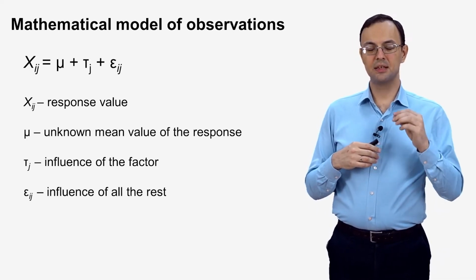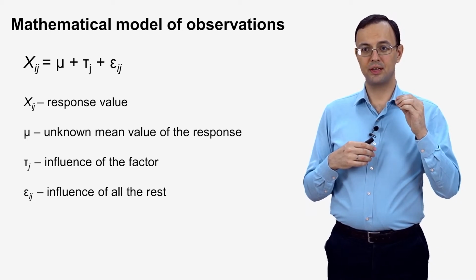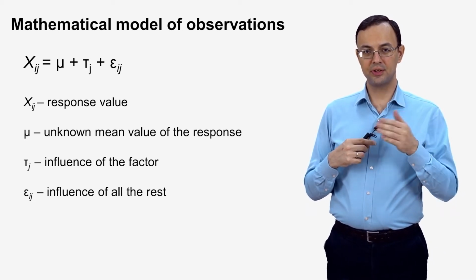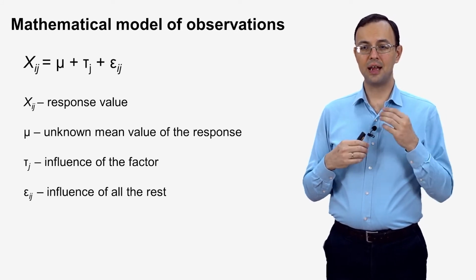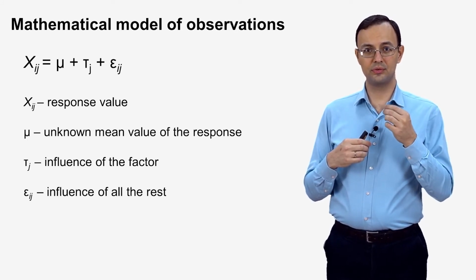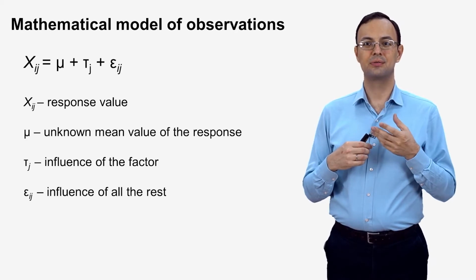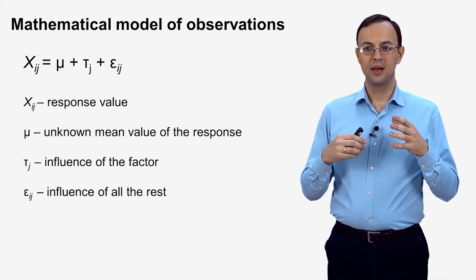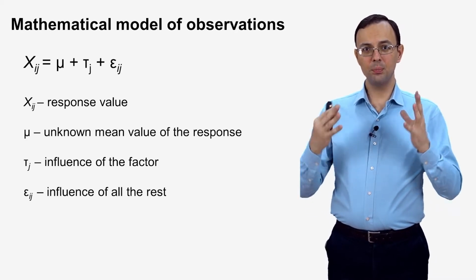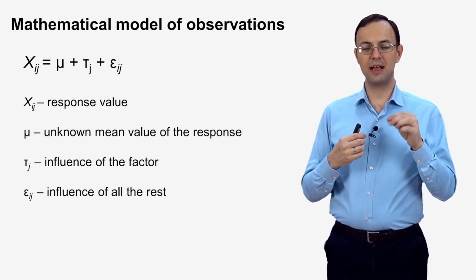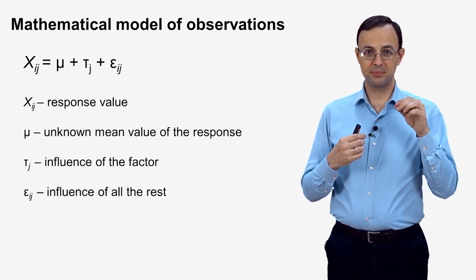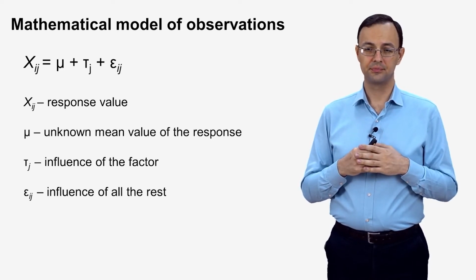So mean values of the response differ for different factor levels. And tau j is the difference. So the difference between the global mean value of the response and mean value of the response for the specific factor level.